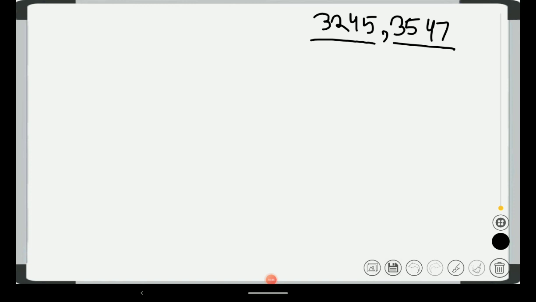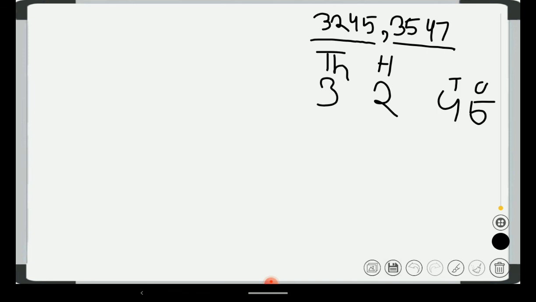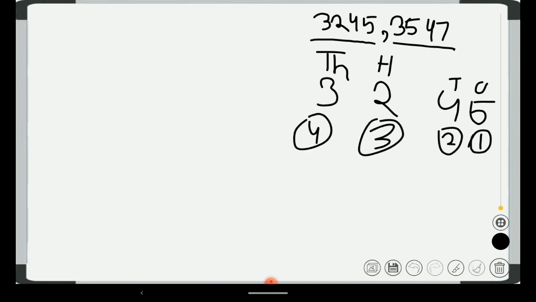Now even and odd places. So let's break it up. 3245. You know that this is the units place, this is the tens place, this is the hundreds place, and this is the thousands place. So let me number it 1, 2, 3 and 4. So these two are even places and these two are odd places.